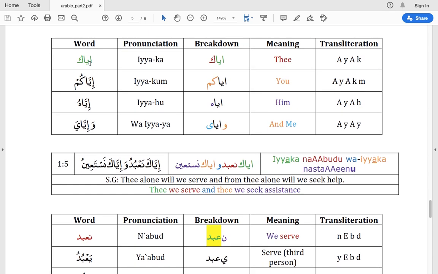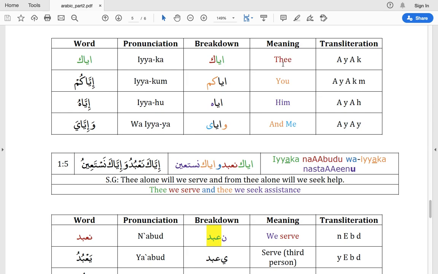Okay, iyaka. I broke it down: Alif, ya, alif, kaf. This is one of those things where it's a pattern you're going to see, so you're better off just learning it. There's no point in trying to analyze the roots for this, or what the separate letters mean. You're going to see this a lot, and it always means "thee".